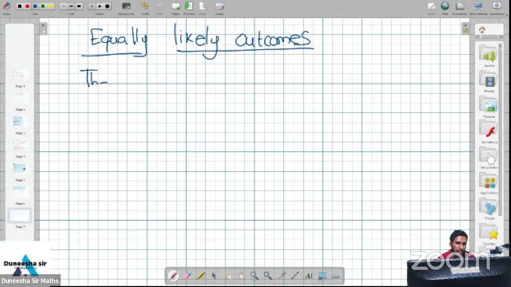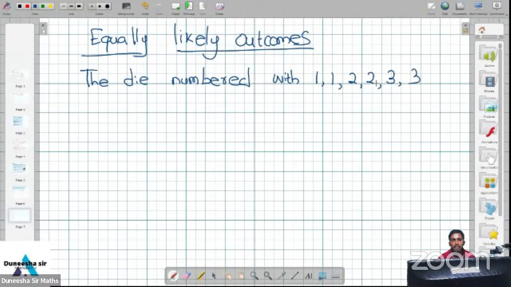Okay. The die numbered with 1, 1, 2, 2, 3, 3. Okay. The die numbered with 1, 1, 2, 2, 3, 3 is unbiased.